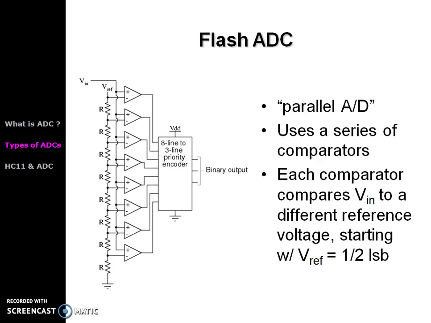We know that the comparator will change its state between plus Vsat and minus Vsat only. After changing states, you will find different values at the input of the priority encoder.